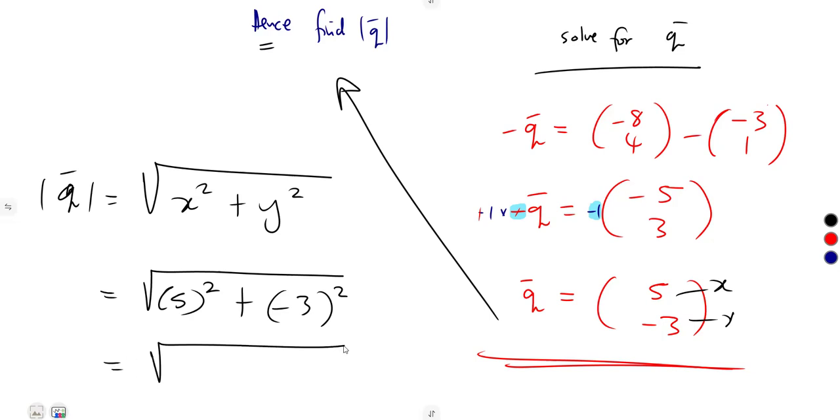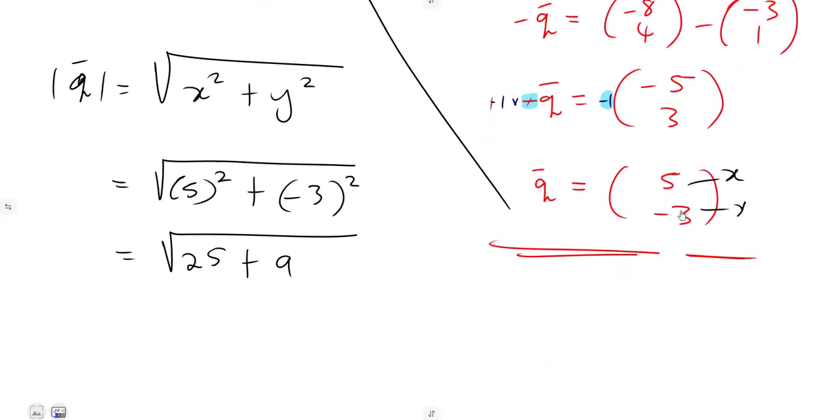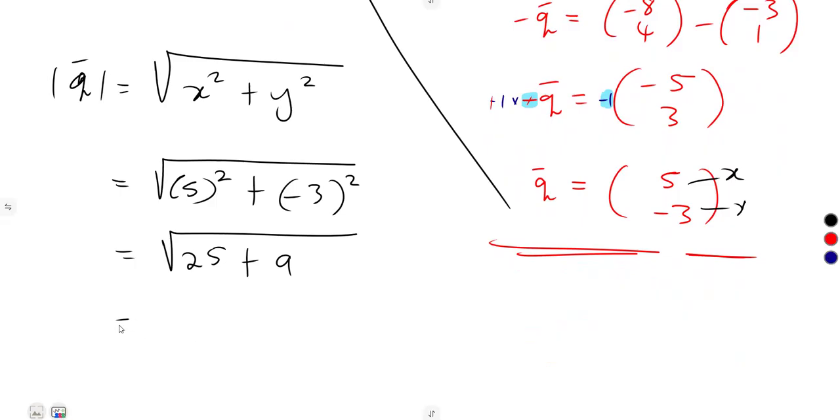So this is going to be the square root of 5 squared, 5 times 5, 25, plus -3 squared. -3 times -3, that's a positive 9. So you're simply going to add these two and have your resultant, 25 plus 9, that is 34. So we have the square root of 34 units, which we cannot simplify.